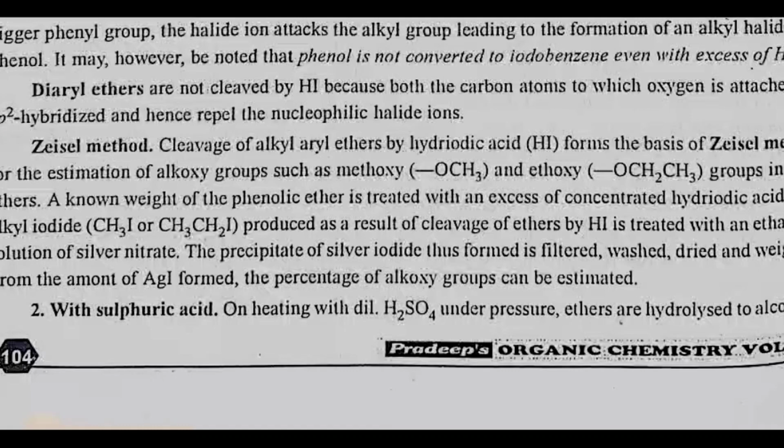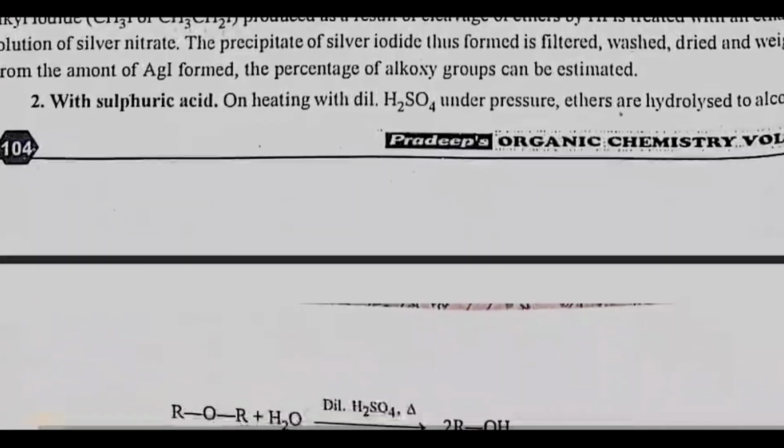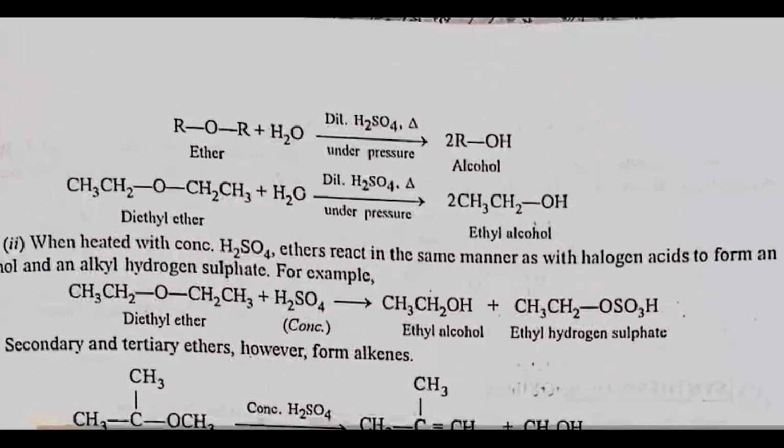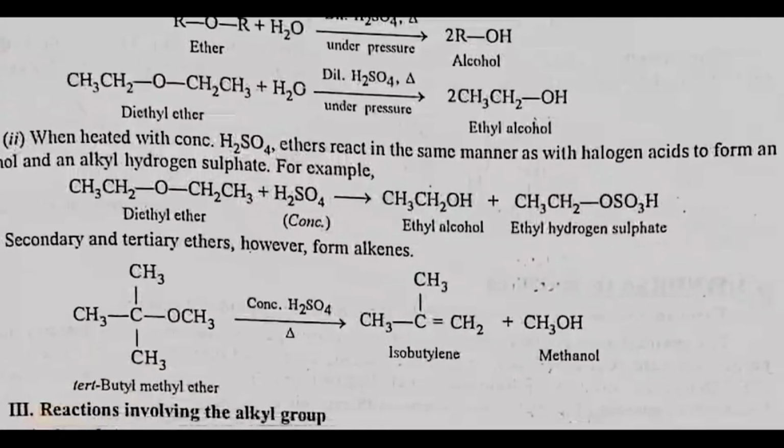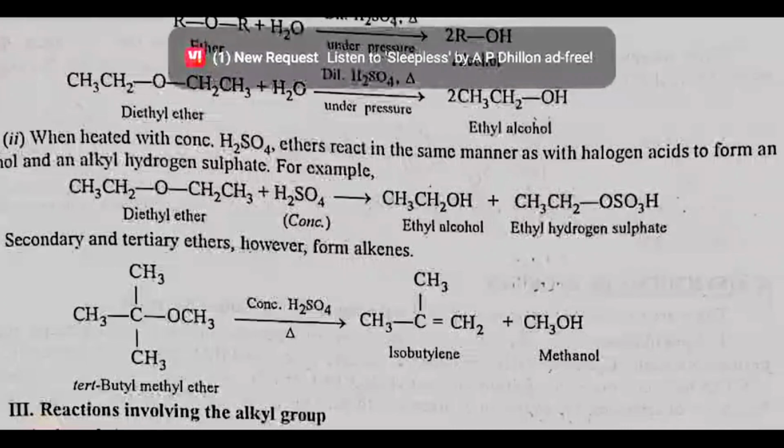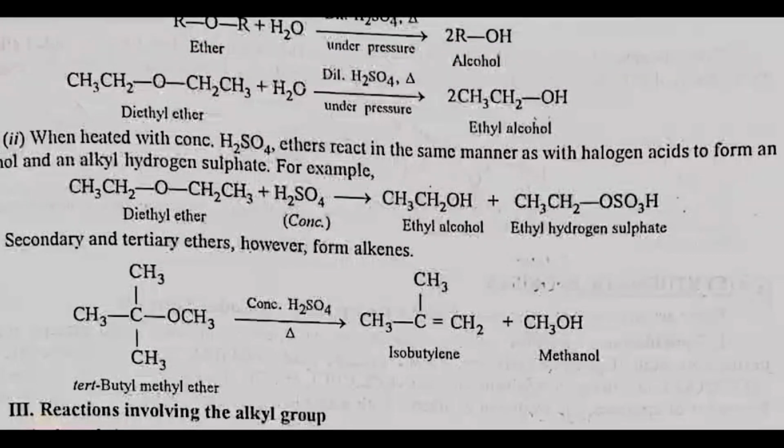Second, with sulfuric acid. On heating with dilute sulfuric acid under pressure, ethers are hydrolyzed to alcohols. Ether in presence of dilute sulfuric acid under pressure gives alcohol. Diethyl ether plus water under dilute sulfuric acid gives ethyl alcohol.